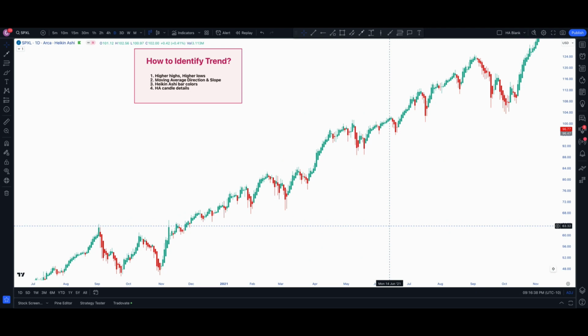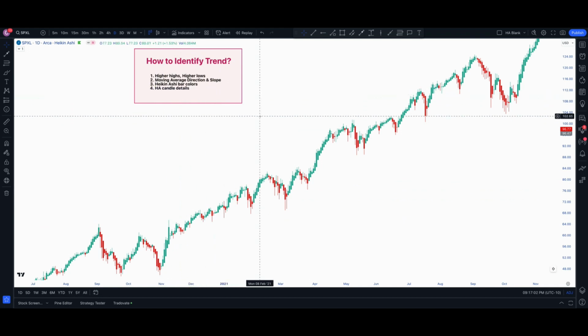When you look at a chart like this right now, the Heikin-Ashi, you can easily tell we're moving in an uptrend. Why? Well, number one, there's a lot more of these green candles than there are red. Number two, we're going from the bottom left of the screen to the upper right of the screen. So the Heikin-Ashi bar colors, you start getting several of these green bars in a row, and you know that we are moving in an uptrend.